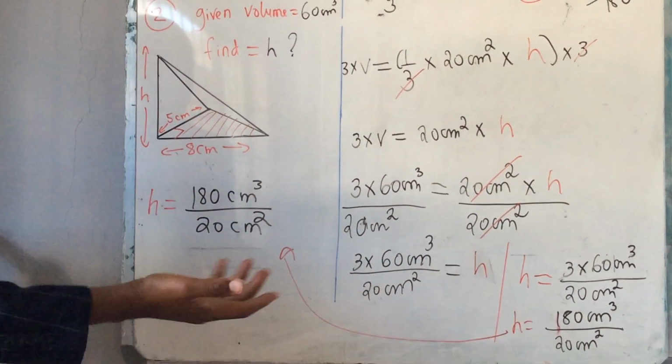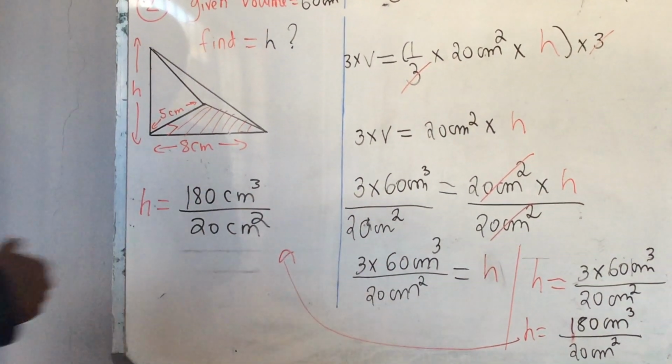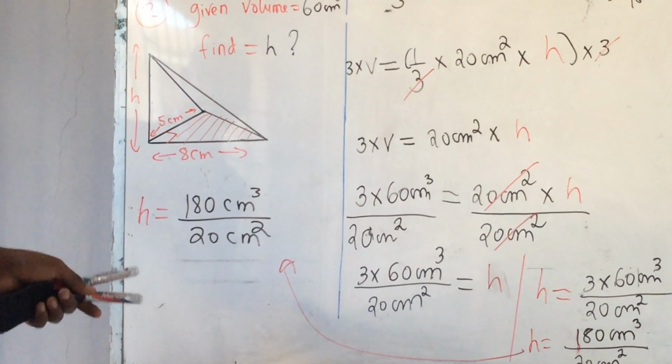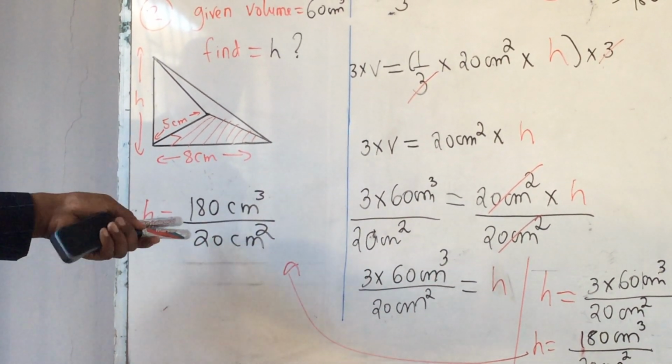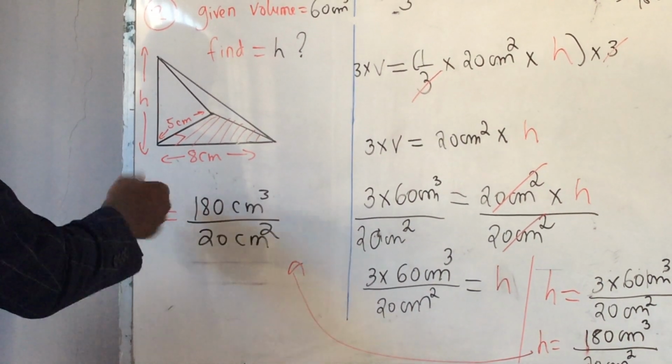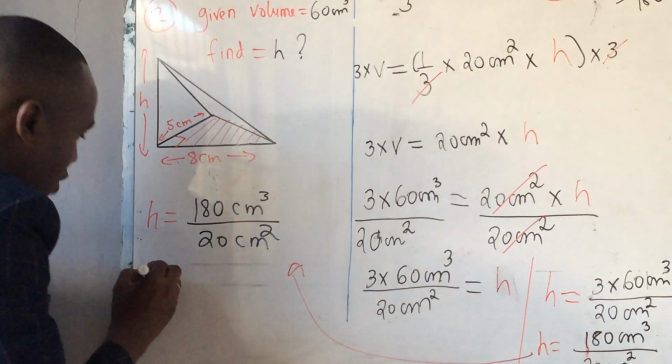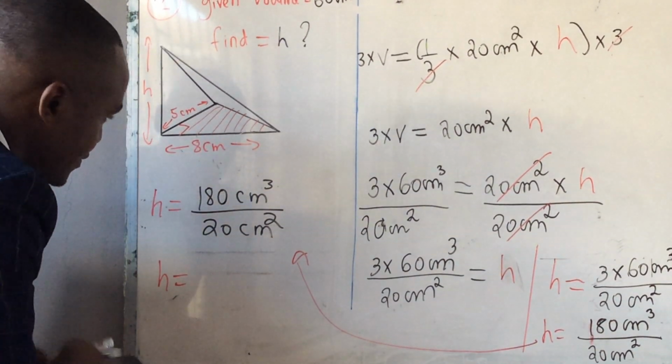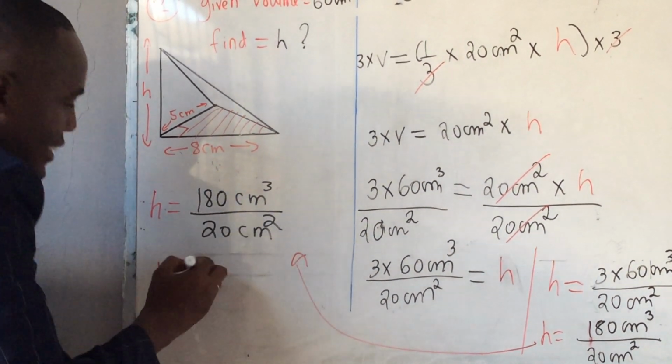Now we just need to do common division, so 180 divided by 20. I know if I divide 180 by 20, it gives me 9, because 9 times 20 gives me 180. So h equals, in this case, 9.